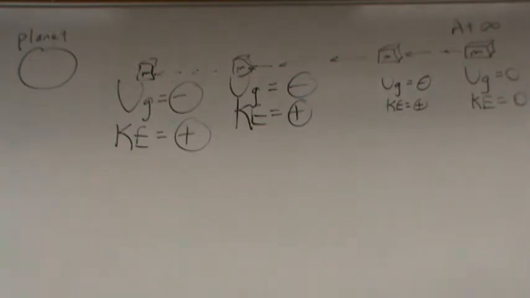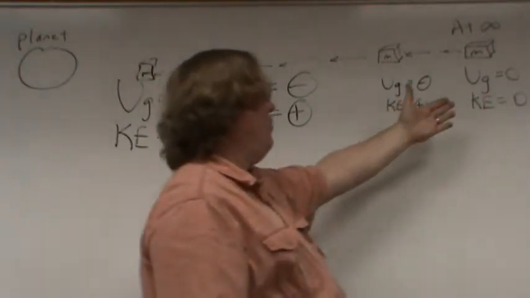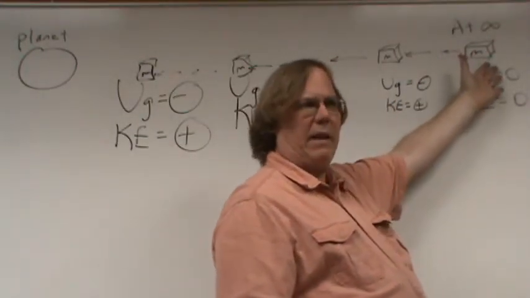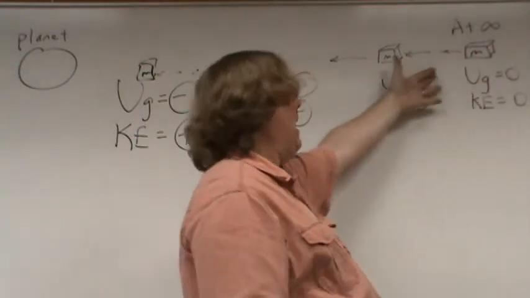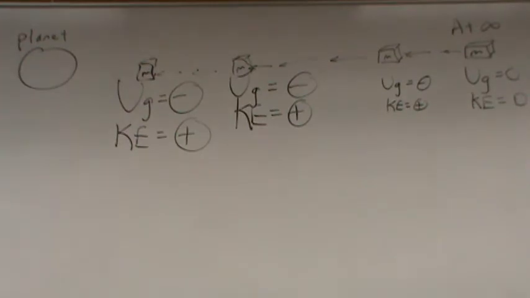When we're not at a planet's surface, we're going to end up having our gravitational potential energy always being negative, because I'm assuming 0 gravitational potential energy infinitely far away. And when you're infinitely far away, as you get closer and closer and gain kinetic energy, you're going to have to lose gravitational. It's going to become more negative.